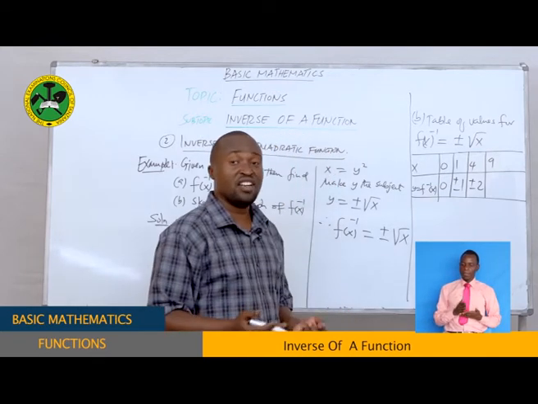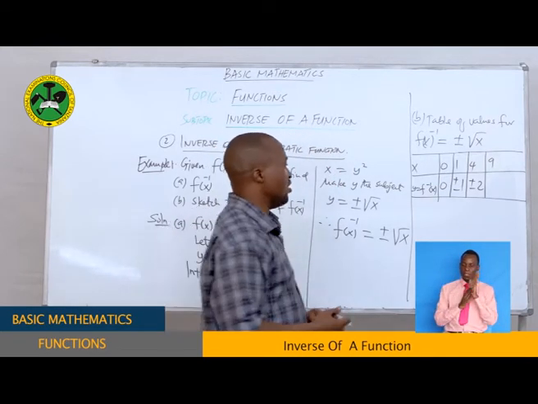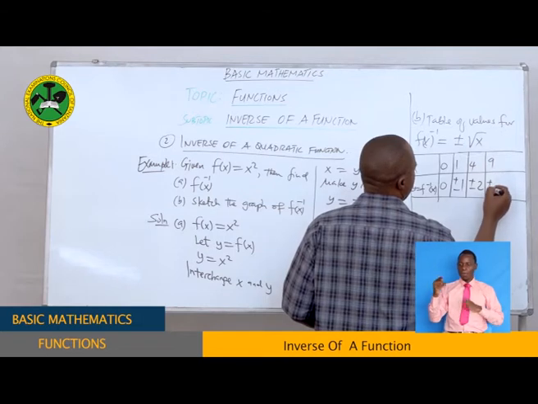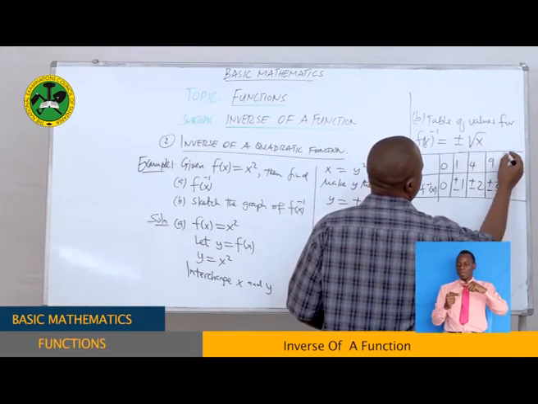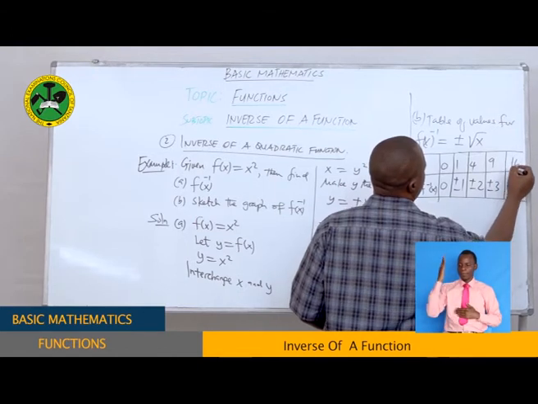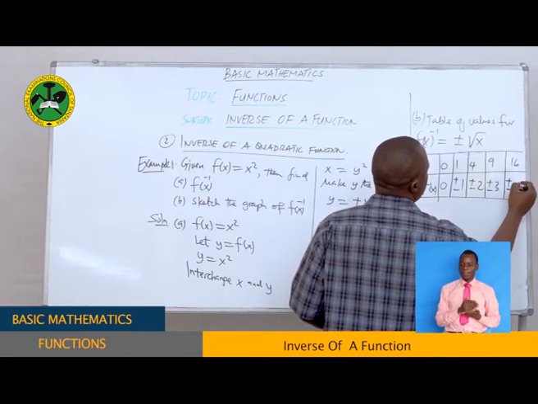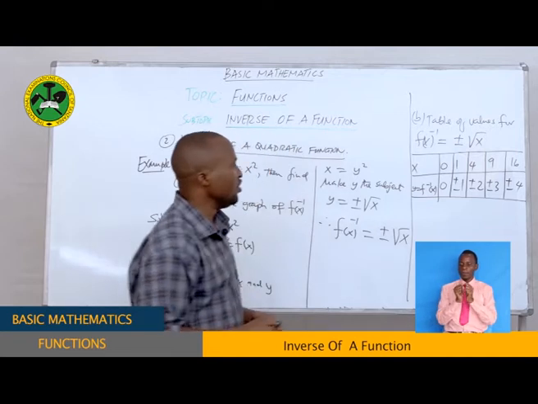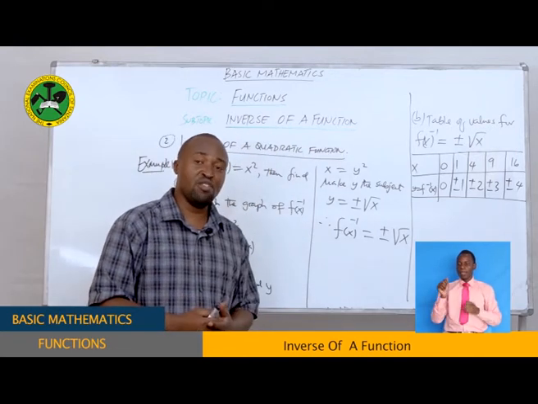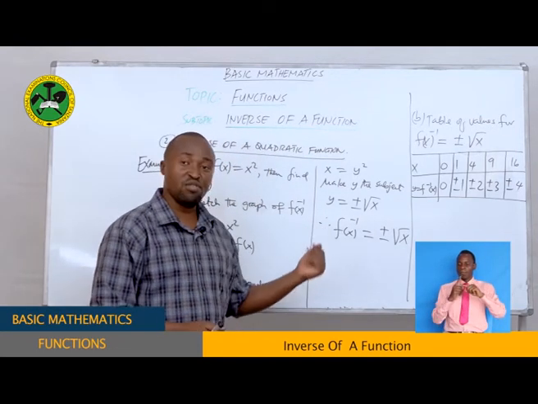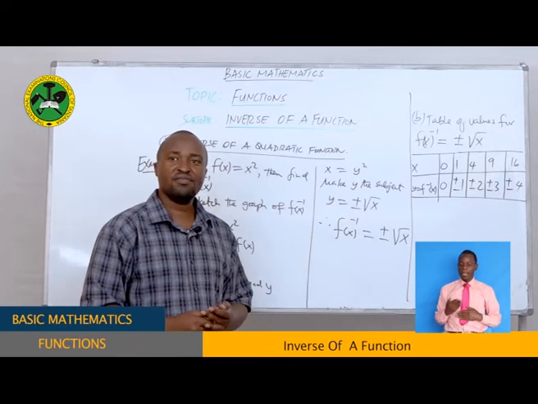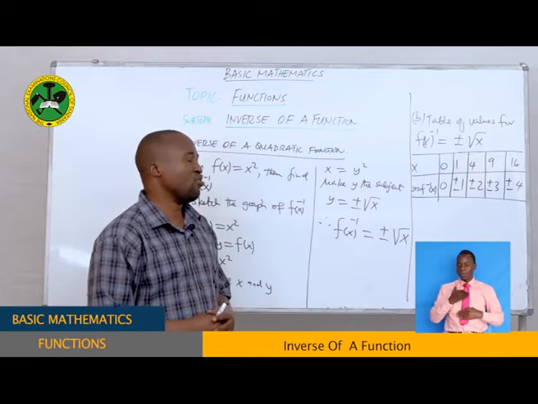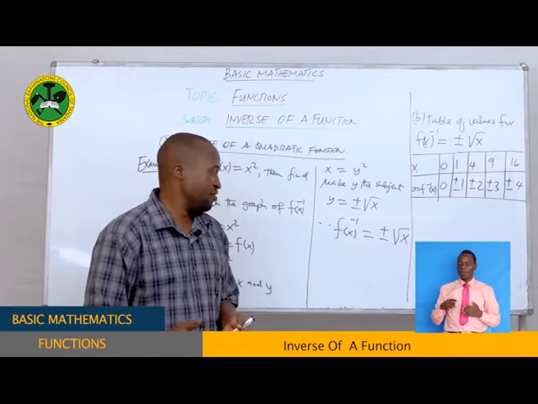The square root of 9 is 3, so in this case, it's plus or minus 3. Again, for 16, it will be plus or minus 4. Now, that is our table of values. We can use that table to sketch the graph of the inverse function that is equal to plus or minus square root of x.